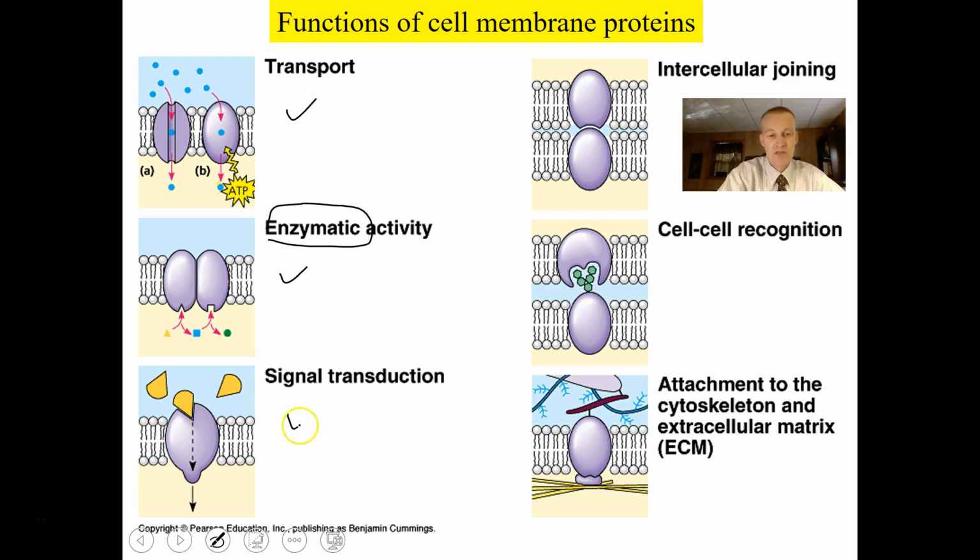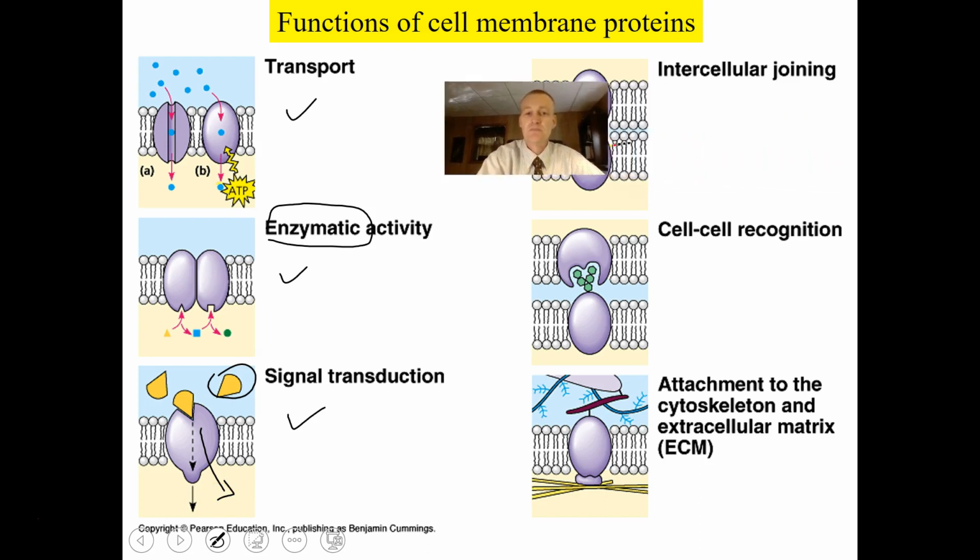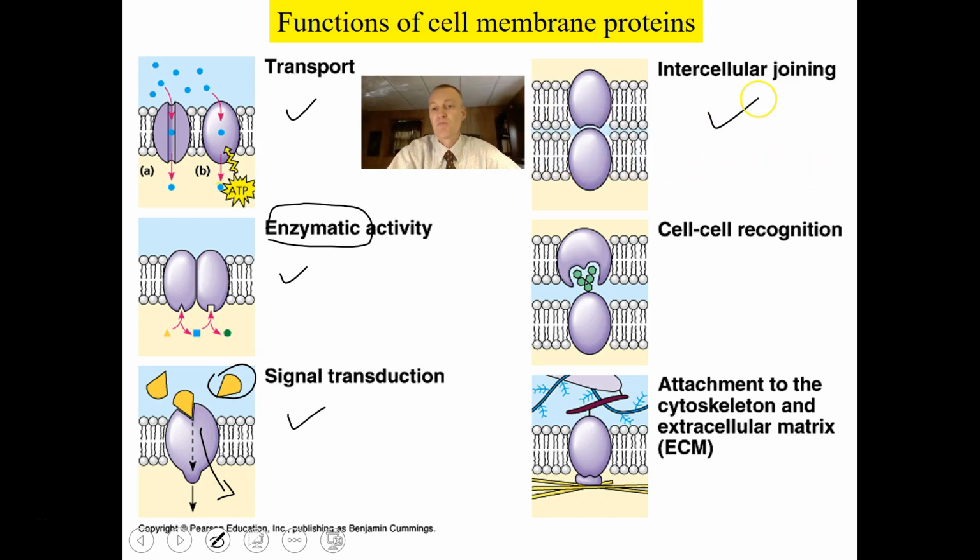They do have the ability to pick up signals. So here's a signal molecule coming down, and these proteins have the ability to transmit the signal to the interior of the cell. They're also responsible for helping cells join together so you can form sheets of cells and therefore tissues. They also help in cell-to-cell recognition, through these little proteins and other structures on the surface.